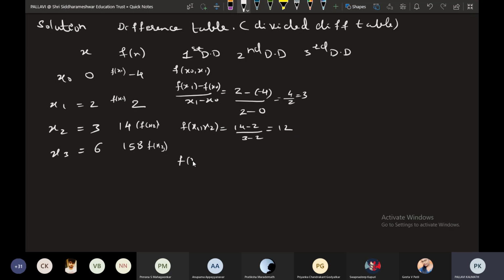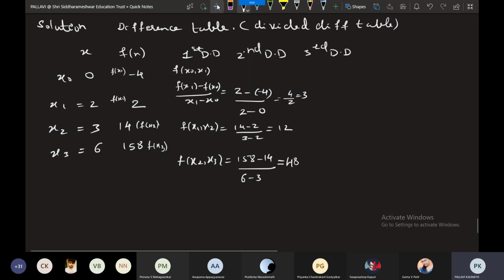The next difference, denoted as f of x2, x3, equals how much? 158 minus 14 divided by x3 minus x2, that is 6 minus 3. How much is this equal to? 48. Is it 48? Yes, ma'am.